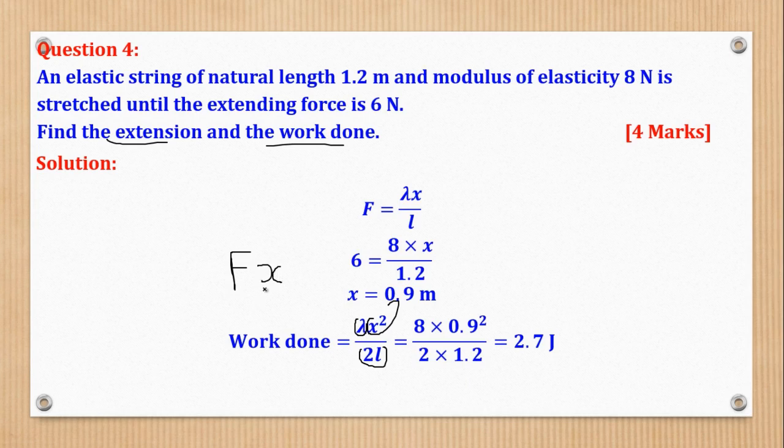Work done, we know it's force times distance, but when it comes to elasticity, the formula differs. So I substitute for modulus of elasticity, extension squared, 2 times original natural length, to give you that as the work done.